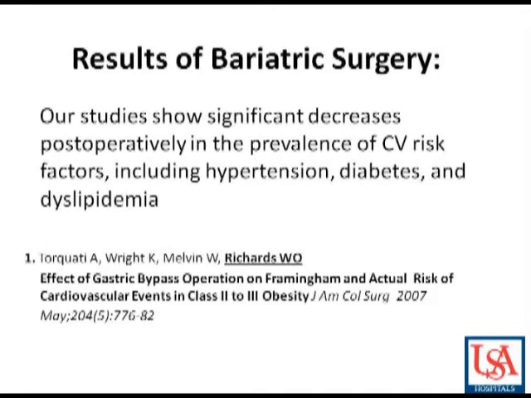And you're manyfold more times likely to die of stroke and heart attack if you have metabolic syndrome X. And we looked at that in our gastric bypass patients, and we showed that there were significant 2 to 3 times decreases in the prevalence of cardiovascular risk factors, including hypertension, diabetes, and dyslipidemia in these patients undergoing gastric bypass.